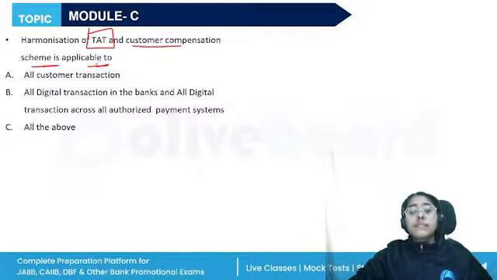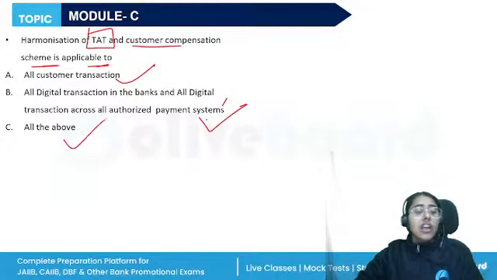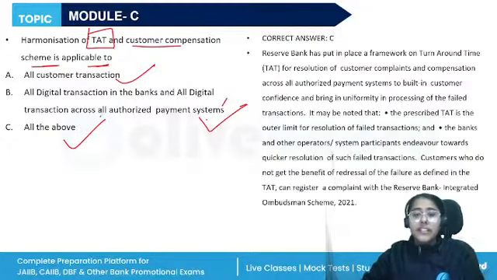Also regarding the compensation that has to be paid to the customer. So it is applicable to all the customer transactions, all the digital transactions in the banks, and digital transactions across all the authorized payment systems, or option C, all of the above. So harmonization of turnaround time is for all of the above.